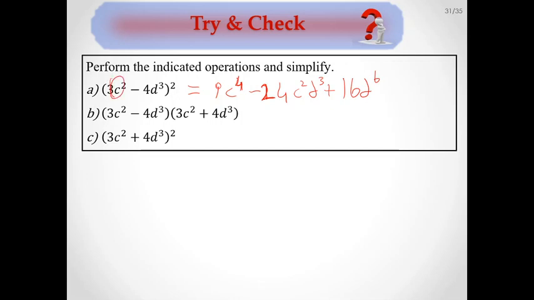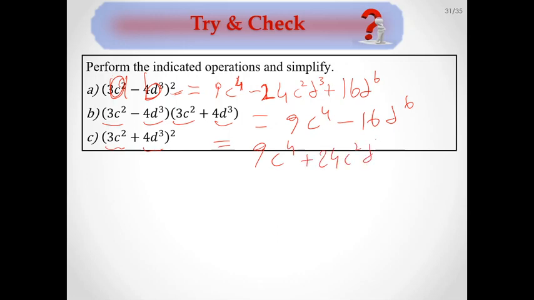Use A, B squared, you know what to do. This is A, B, so A minus B times A plus B will be 9c to the 4th minus 16d to the 6th. And look at your A, B squared, so you can write here 9c to the 4th plus 24c squared d cubed, and plus 16d to the 6th.